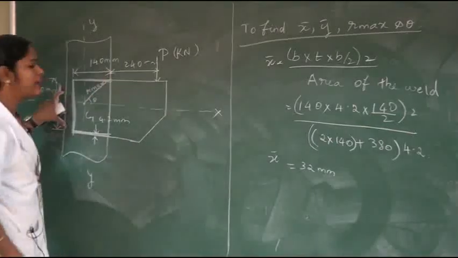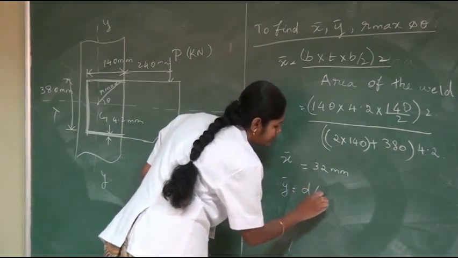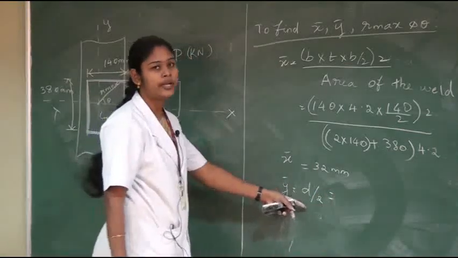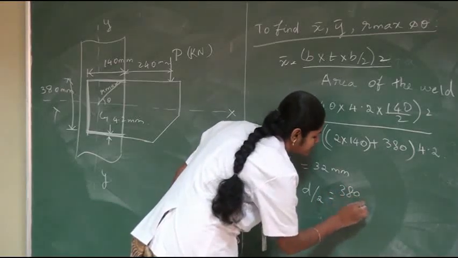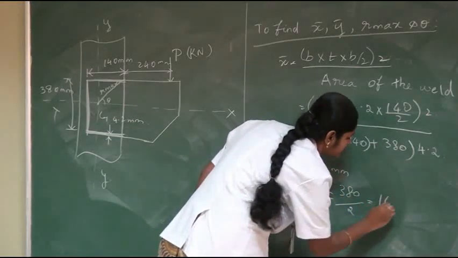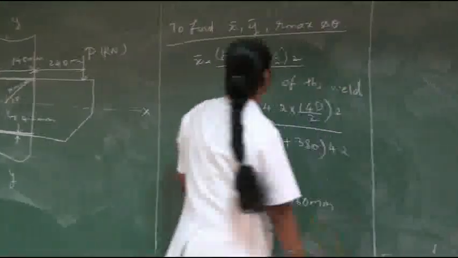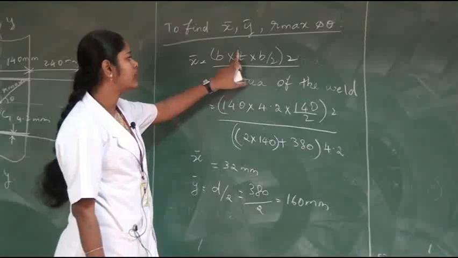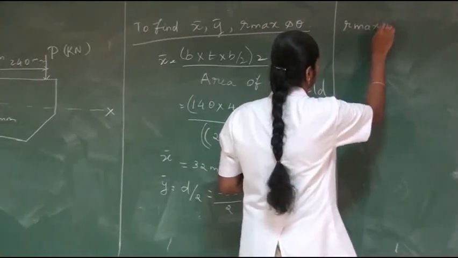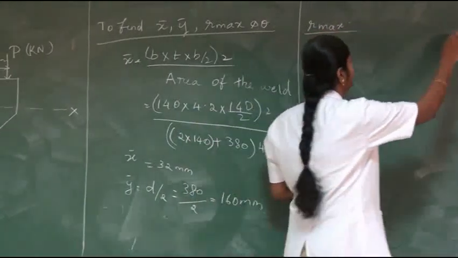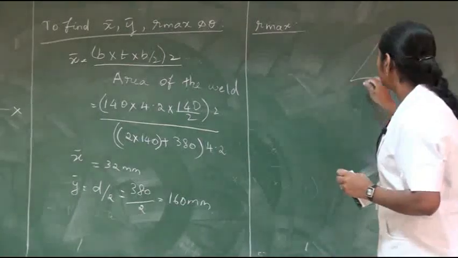Then we are going to calculate Y bar. Y bar is equal to D divided by 2. Here it is symmetric, so we are using the formula D by 2. The D value is 380, therefore it is 160 mm. The next step, after calculating X bar and Y bar, we are going to calculate R max. For that we are making a triangle with an angle theta.